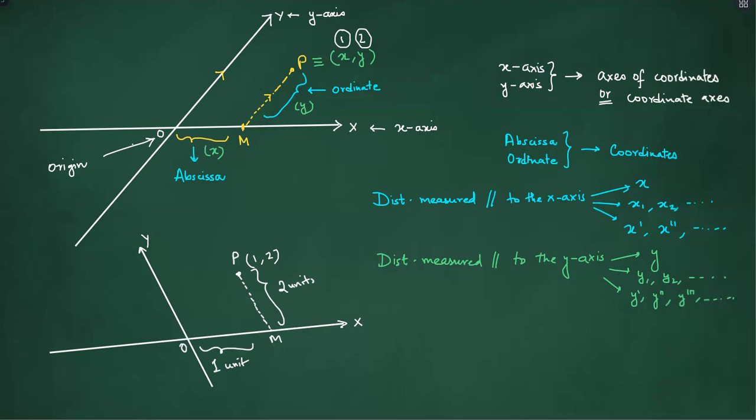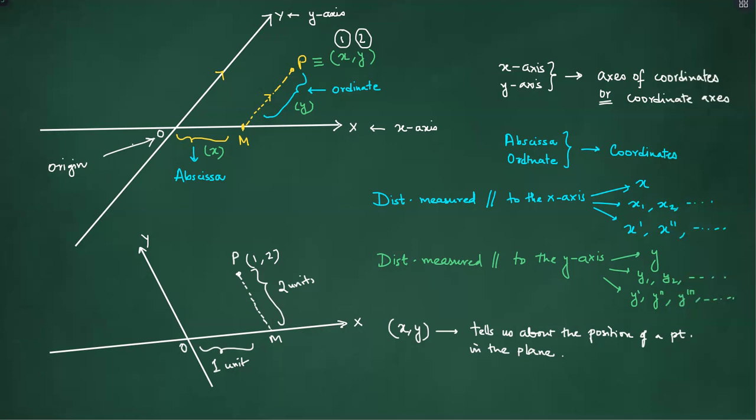Any coordinate x comma y tells us about the position of a point in the plane. I hope this is clear to everybody.